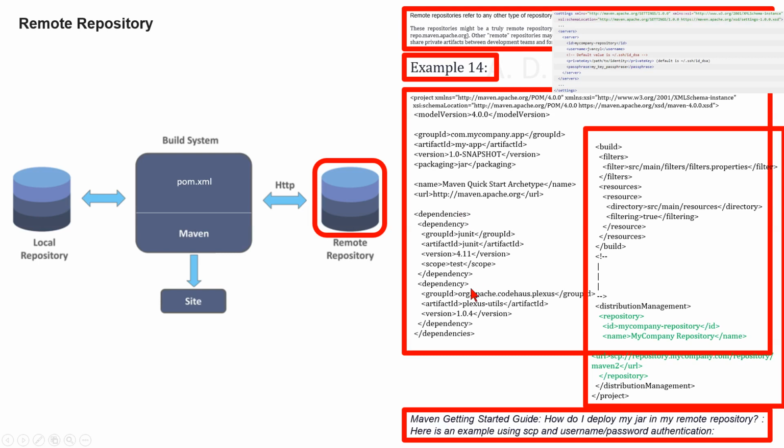Now we are considering how do I deploy my jar in my remote repository in the Maven getting started guide. Here is an example of SCP and username password authentication.